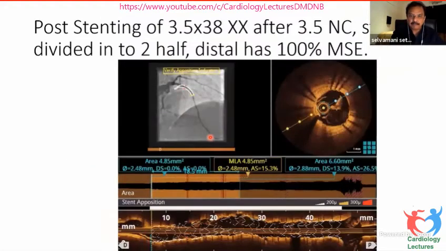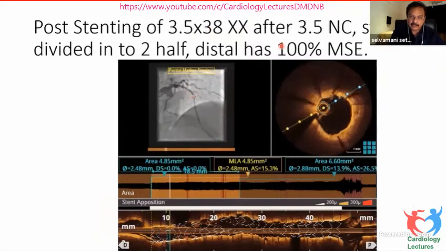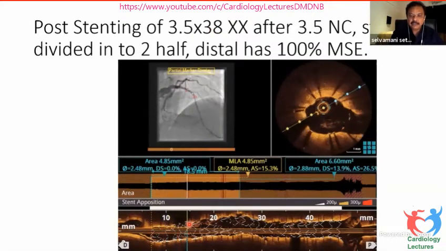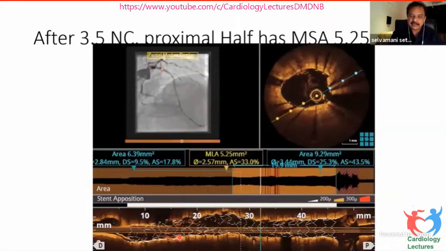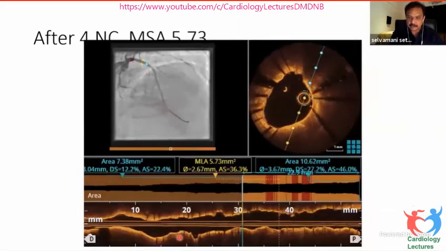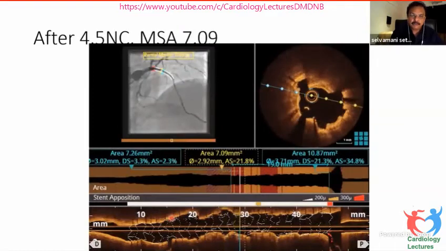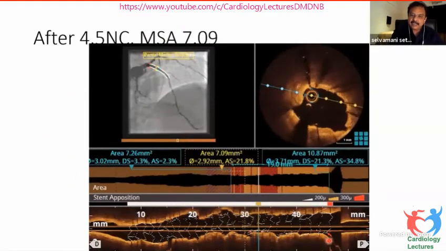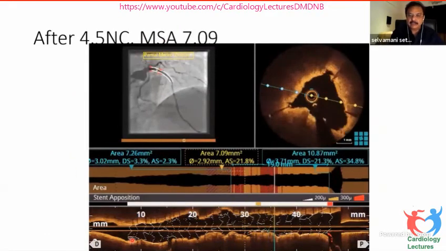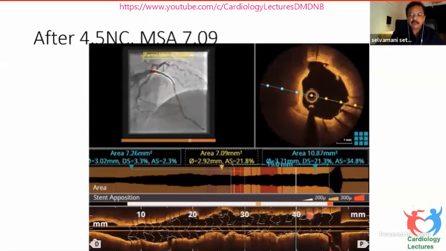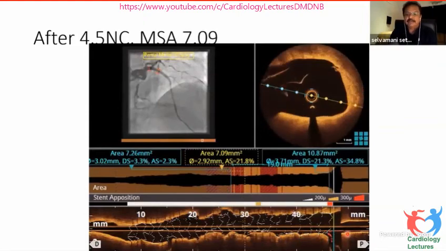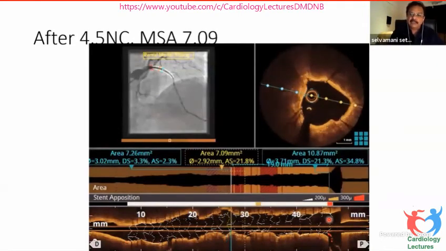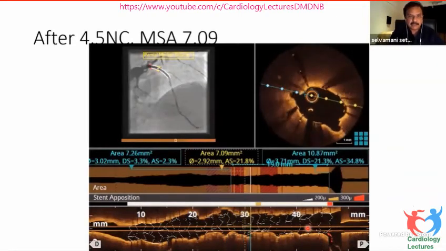So what I did is I deployed a 3.5 into 38 stent there. Initially we looked at the stent expansion. The distal stent had excellent expansion, but the proximal was a little bit less. Then I took a 4.5 NC here and dilated and produced an excellent expansion, almost 100%, or more than 80% of the reference diameter in both distal and proximal segments of the stent.